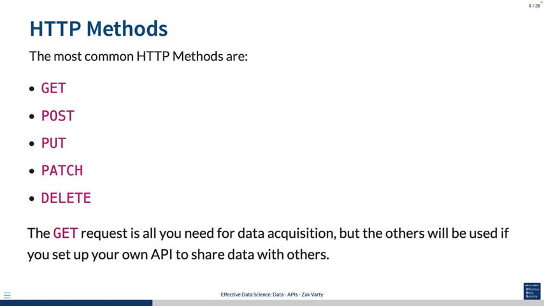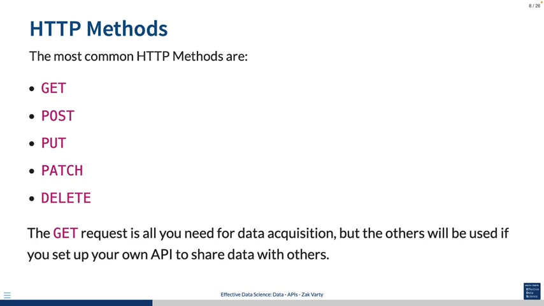The action that a client wants to take is indicated by a set of well-defined methods, or HTTP verbs. The most common of these verbs are get, post, put, patch, and delete. The get verb is used to retrieve a resource from the server, such as a web page or an image.